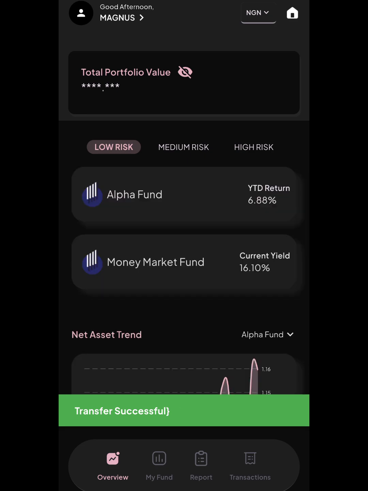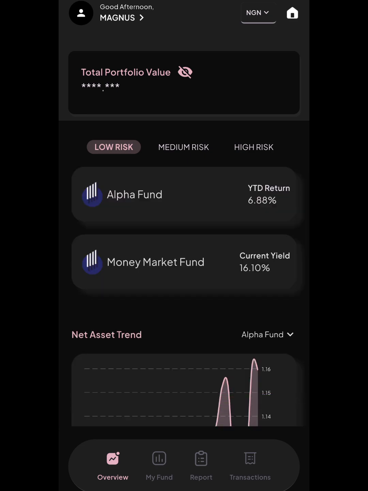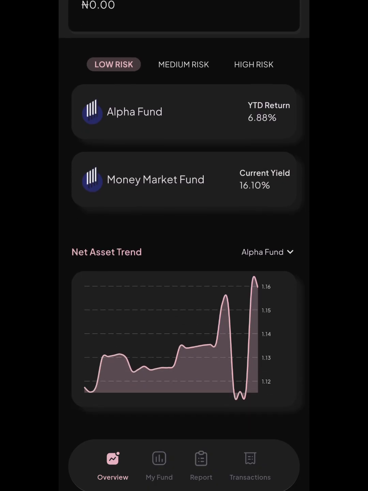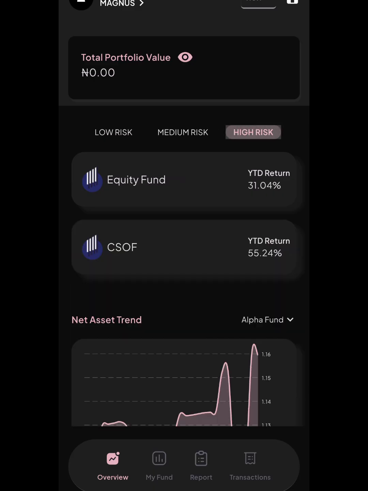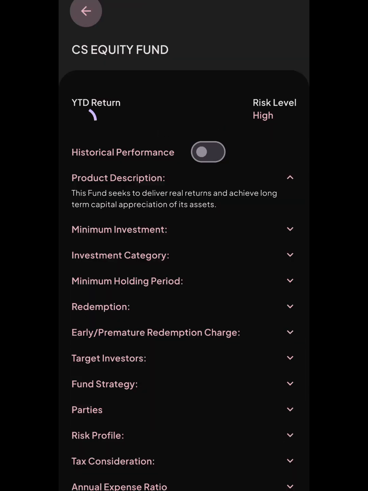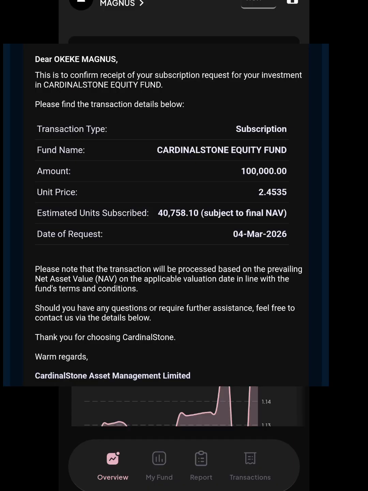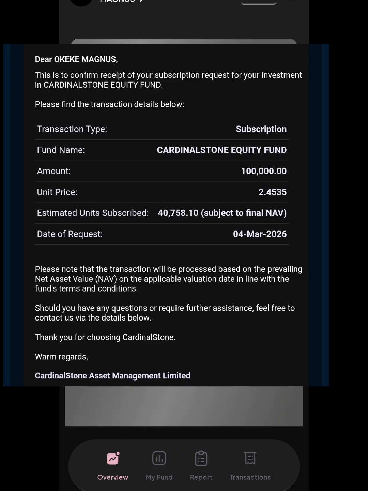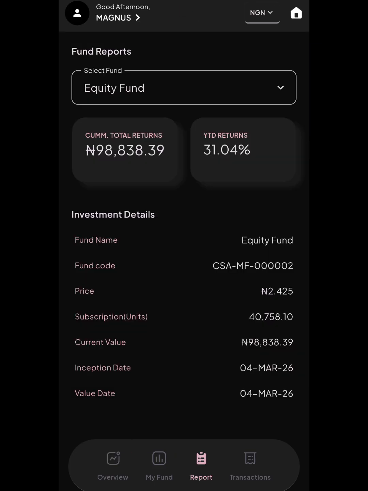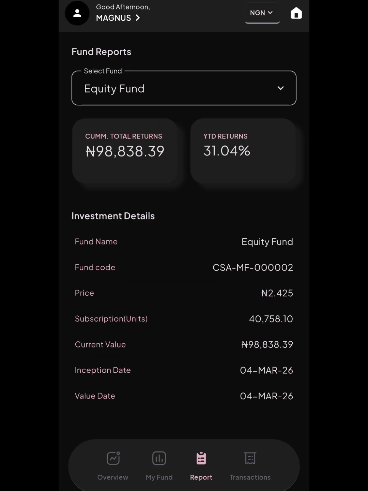That's what it said. It said transfer successful. That's funny. Should be transaction successful, but anyway. So let's go to high risk. It should be there. This is the one we bought. Actually, if we go to reports, we have some information there.